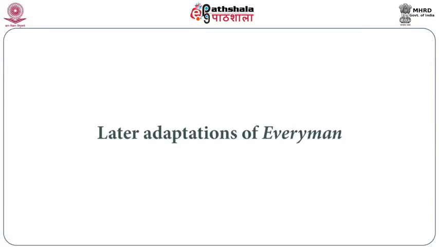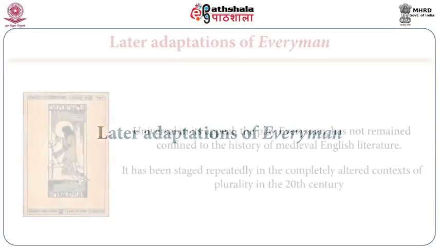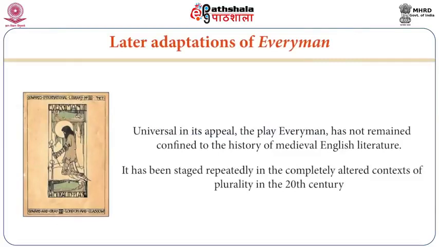Friends, there are also later adaptations of Everyman. By later adaptations, it means there were interpolations and people later on adapted and attached to the text. Universal in its appeal, the play Everyman has not remained confined to the history of medieval English literature.